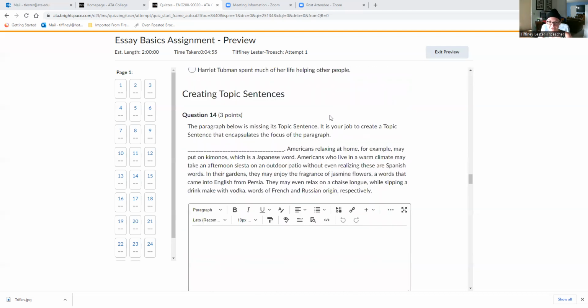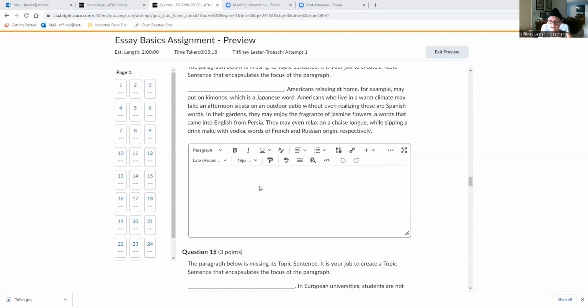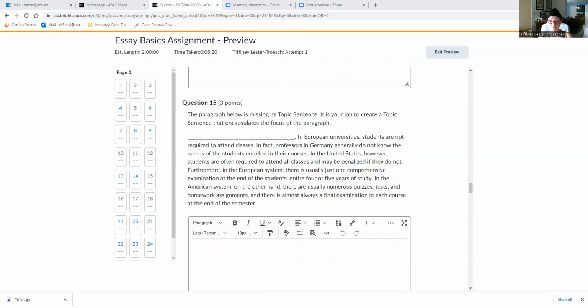Then you will get a turn to create topic sentences. So you've got a paragraph missing its topic sentence. You're going to read through the paragraph and think, okay, what are the main ideas in this paragraph? What seems to be the focus?